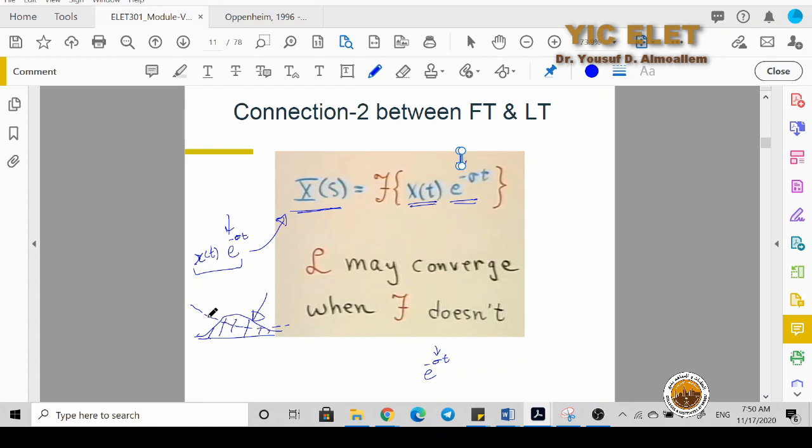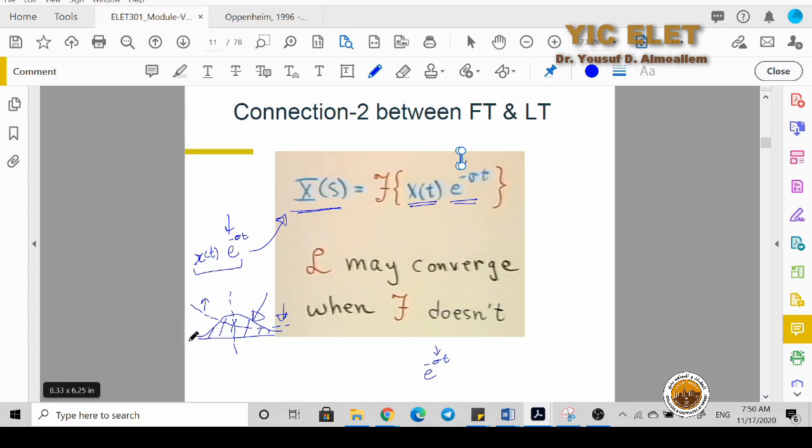So if we multiply it by this factor, then if we divide this plot into two parts, it will push it down from this side and it will push it up from this side. And as we can see, there are some certain functions.